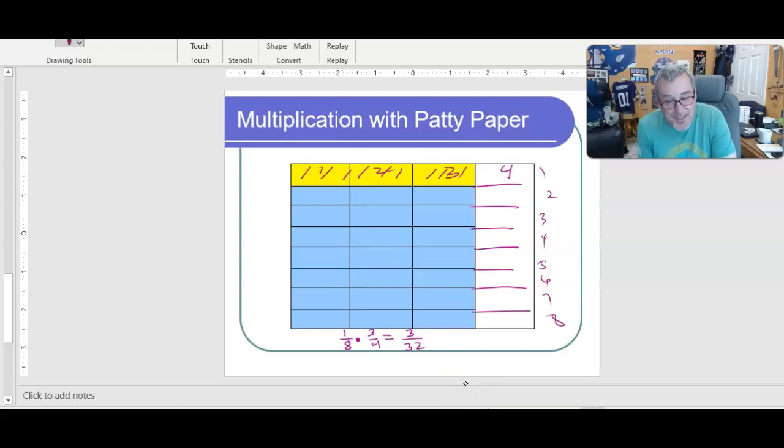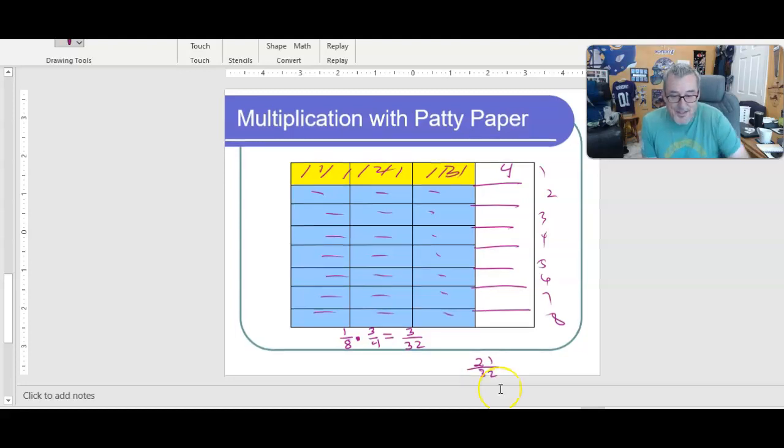But the question was how much frosting remains, and the frosting that remains would be these sections. There's 21 of the whole, back to the whole cake again, 21/32.